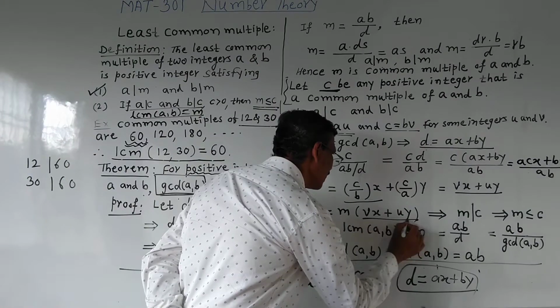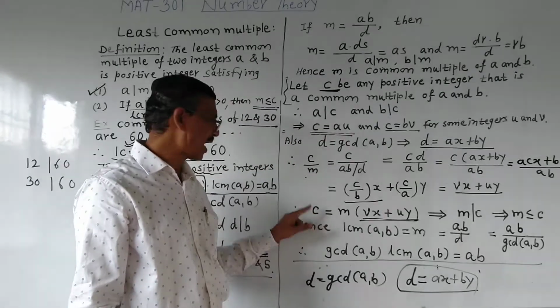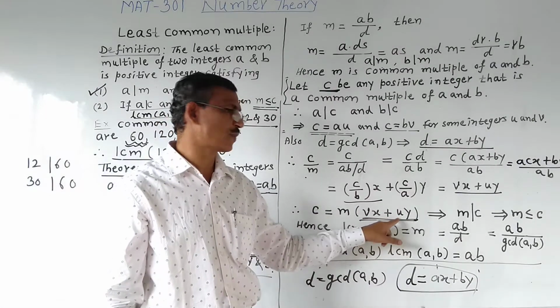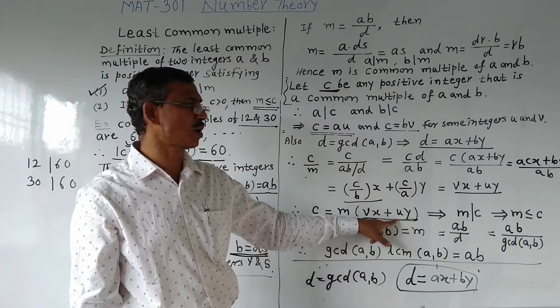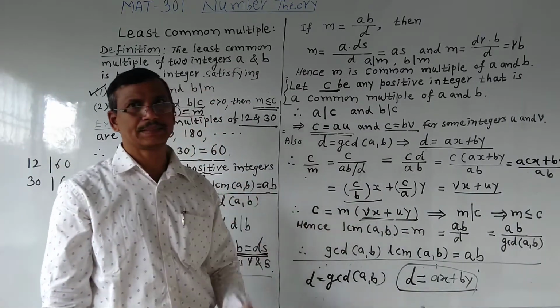And as vx plus uy is an integer, this is of the kind c equals m into some integer. And by the definition of divisibility, this implies that m divides c.